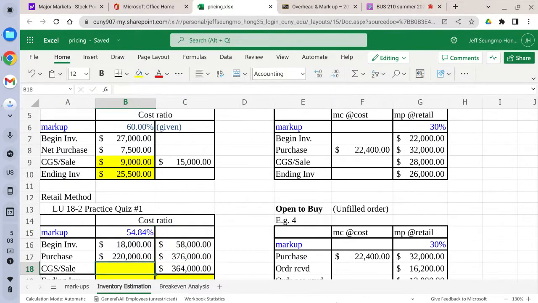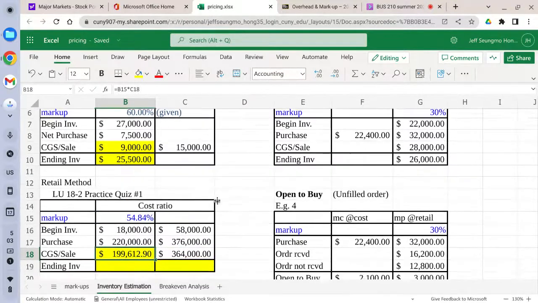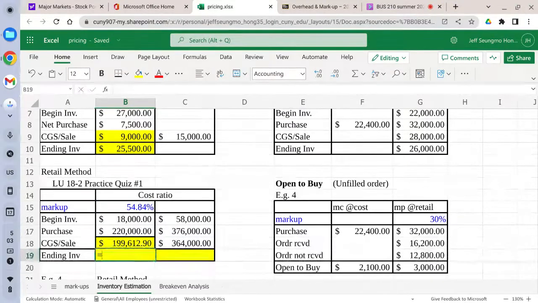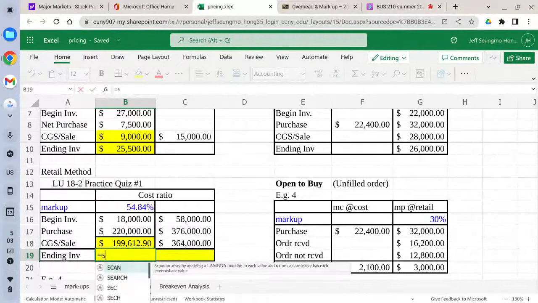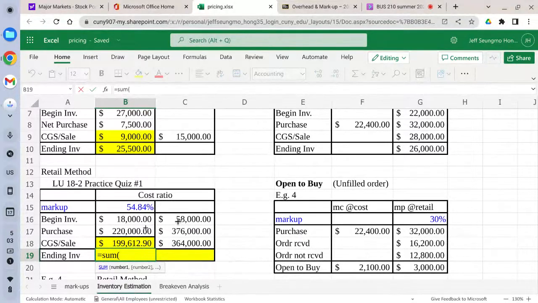And based on that, I can figure out what the CGS is. Okay, so we got that. And then ending inventory in cost: sum of those two minus this.